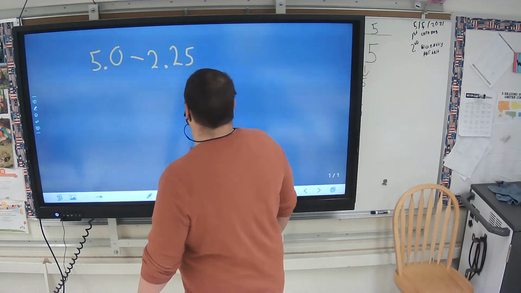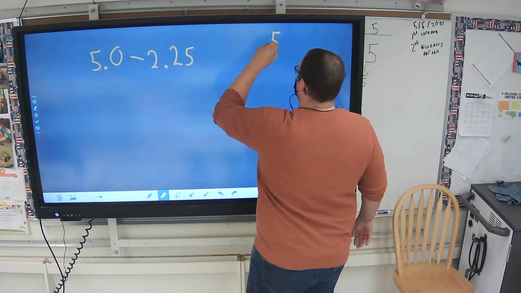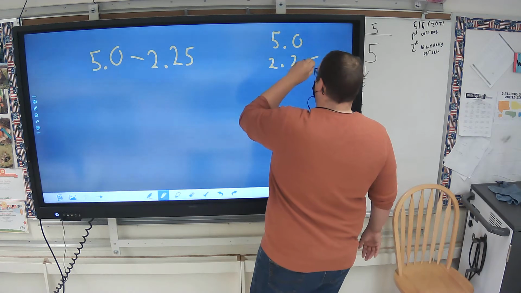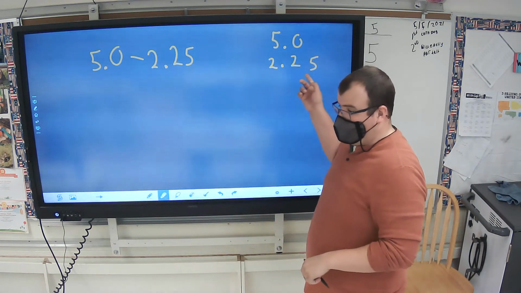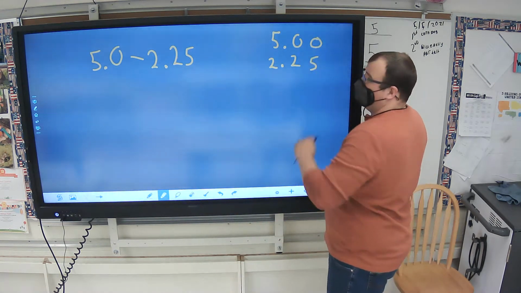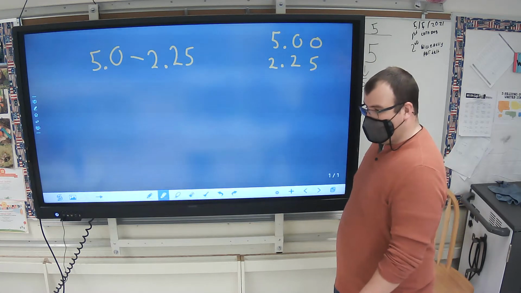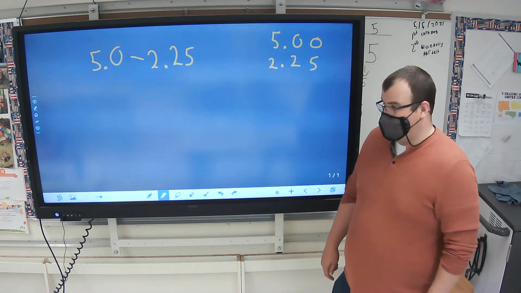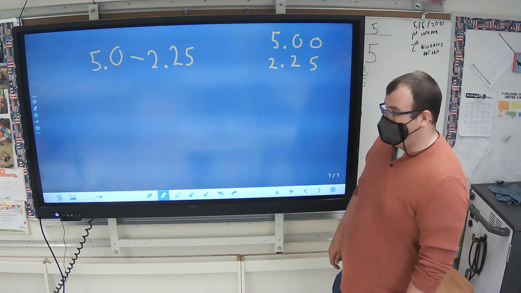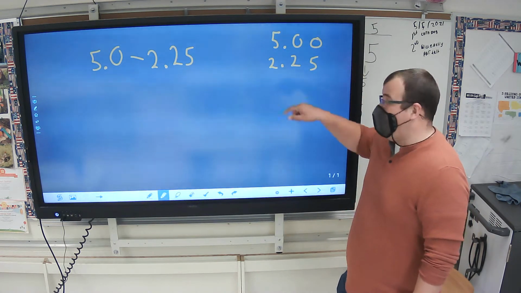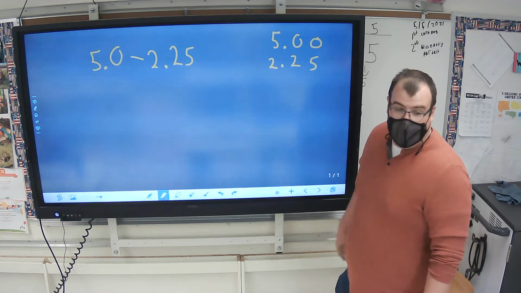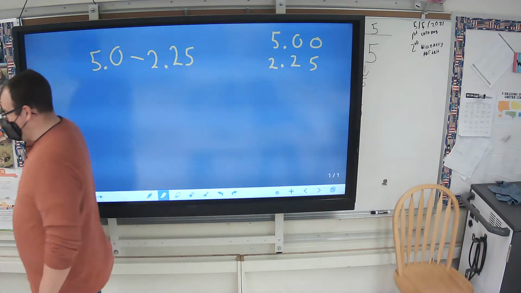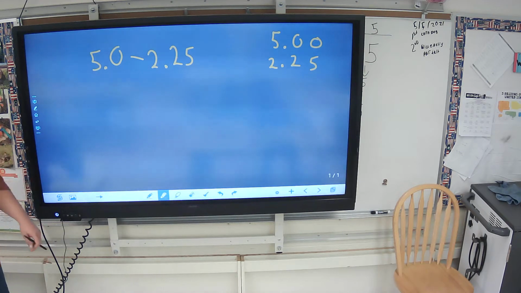How would you line up the decimals? You're going to line the decimals up. So 5.0, 2.25. And you're saying there's no number above here? Can't you just put a 0 there? Yeah. And then it's a placeholder, right? I thought it would always go on the bottom. Nope. You put the bigger number on top, line decimals up. If you have to add zeros, add zeros. Does that make sense? That's how you do that.